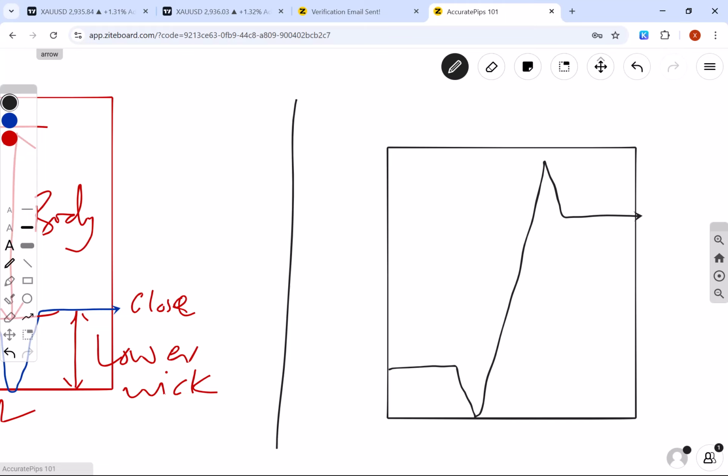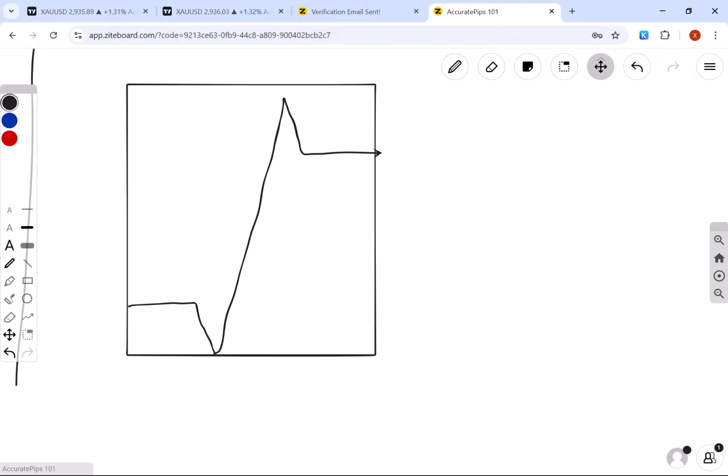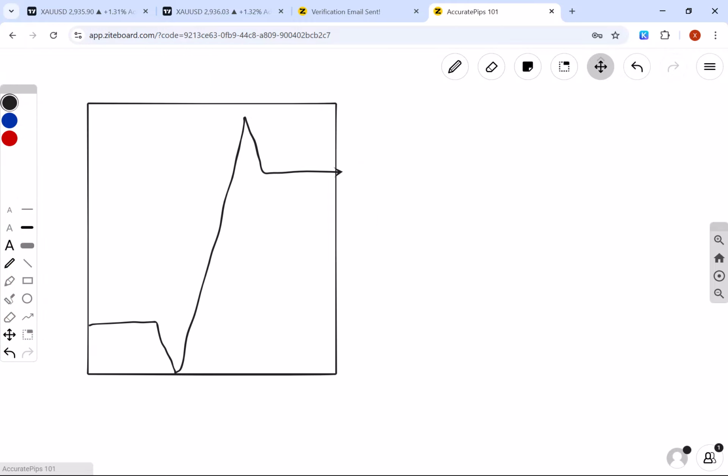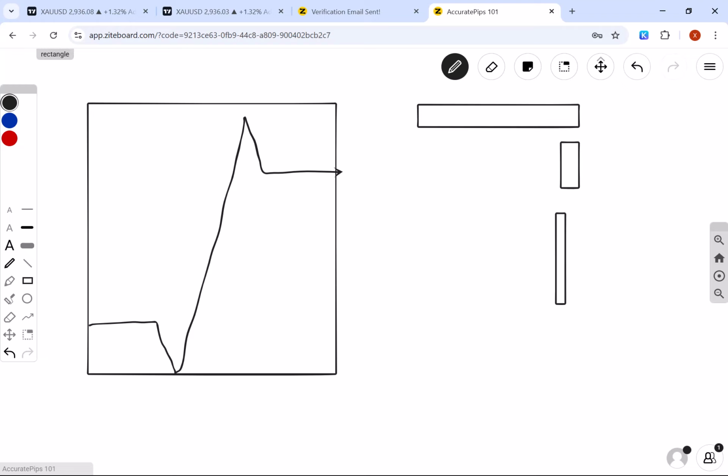Now let me explain something. It doesn't mean that price always pushes down immediately after opening. There are times the bullish candle might behave differently. Not just the bullish, the bearish too.